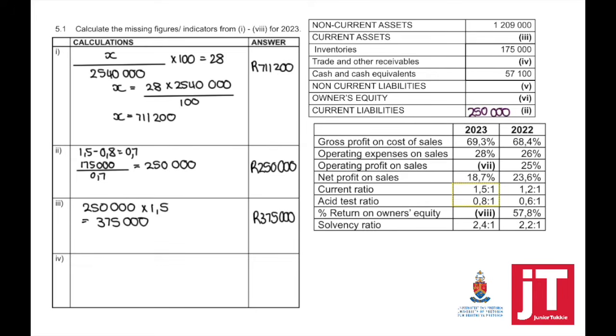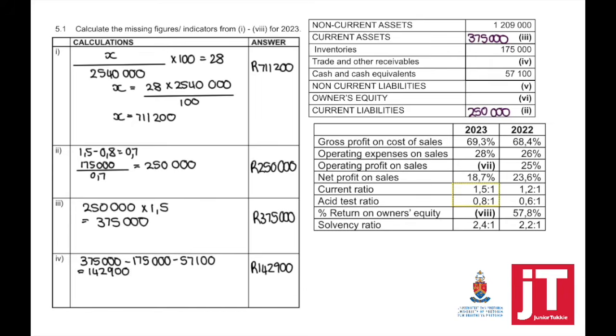Now, the next thing that we need to solve is number 4, which is your trade and other receivables. There's an easy option, and there's a more challenging way to calculate it, but it gives you the same answer. I'm going to show you both. The easy option is, once you've got your current assets, you take current assets minus inventories minus cash and cash equivalents.